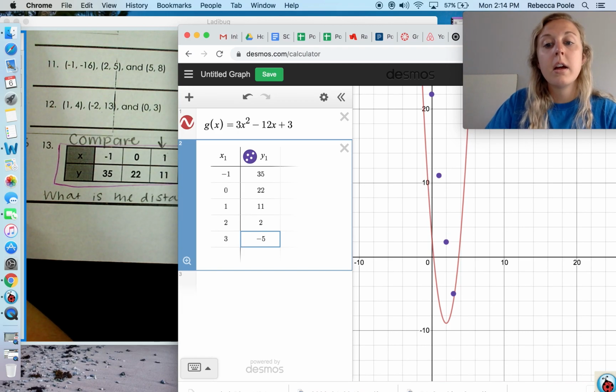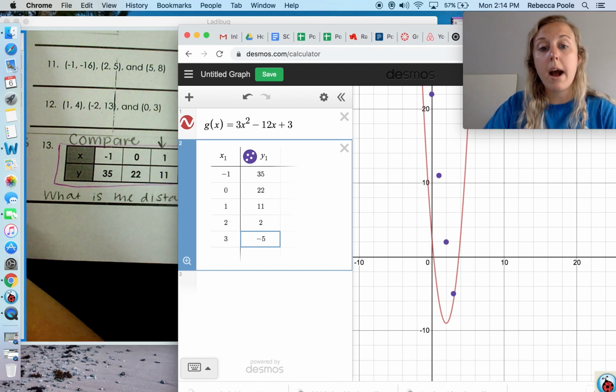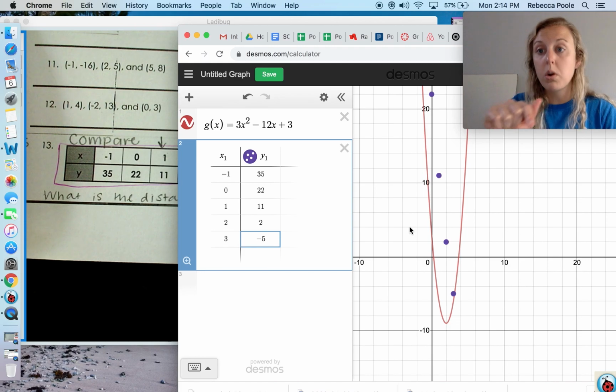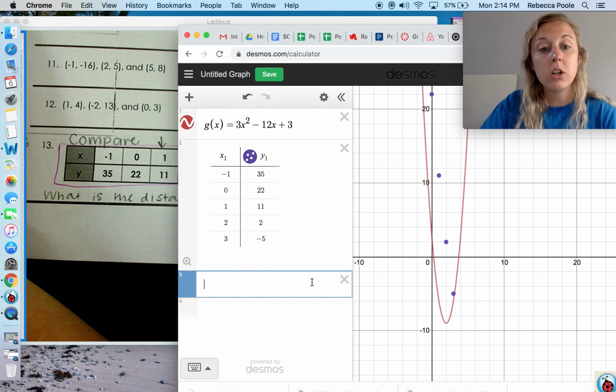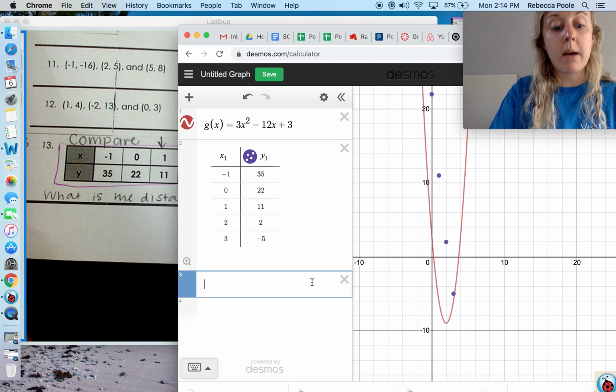All right. Now, if you look at our graph, all it gave us were the points. We need to fit the actual parabola to those points so we can see the U-shaped graph. So I'm going to click a new box, and this is where I'm going to do my equation.